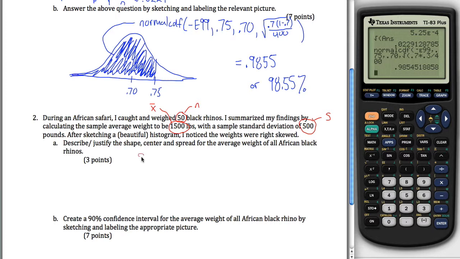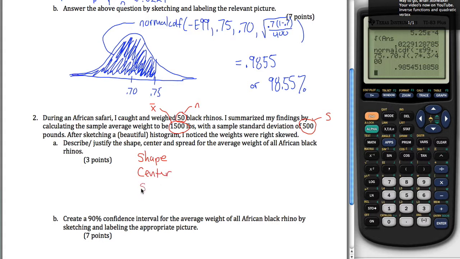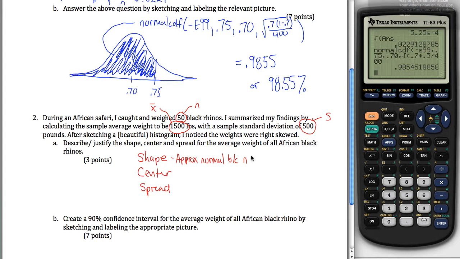Describe the shape, center, and the spread. All right. Shape, center, spread. Shape is approximately normal. And the reason it's approximately normal is because N, which is equal to 50, is greater than or equal to 30.